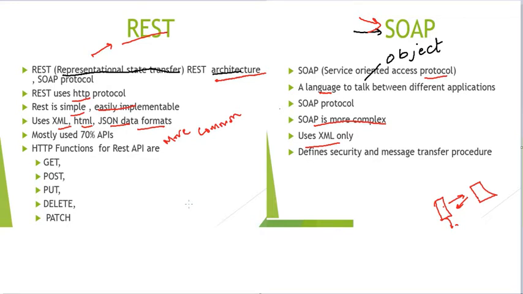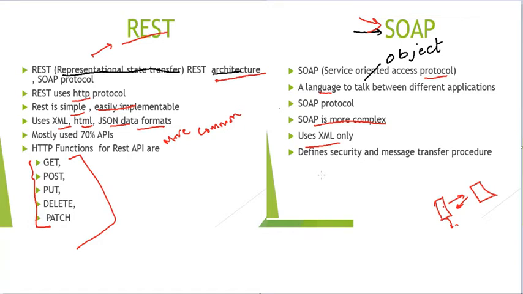And what kind of functions do we use in REST? The most commonly used functions are get, post, delete, and patch. These are the HTTP based functions that we are using in REST. On the other hand, SOAP, of course, is more detailed and more complex.